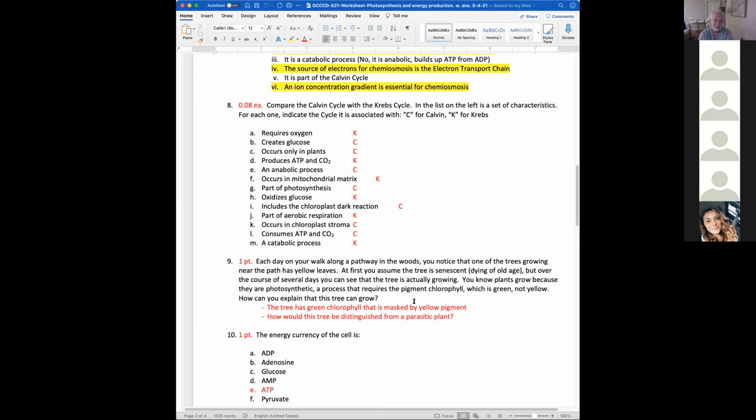Because it's growing. Yeah, well, parasitic plants grow too. But the green pigment is masked by yellow color. Yeah, that's the most likely explanation, that it produces a yellow pigment as well as chlorophyll.